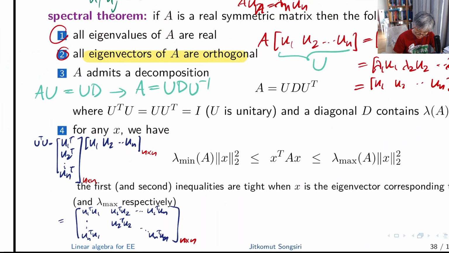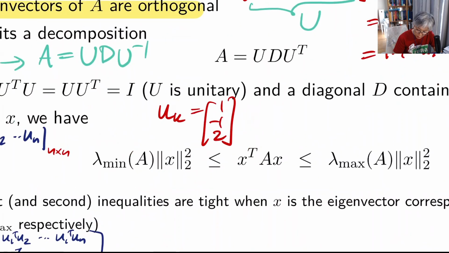Now let's talk a little bit about eigenvectors. As you know, your eigenvector Uk, for example, if it's 1, minus 1, and 2, remember this fact that you can scale your eigenvector anywhere you like, and it's still an eigenvector. So I can normalize by its magnitude. For example, I can normalize by the square root of 1 squared plus minus 1 squared plus 2 squared.